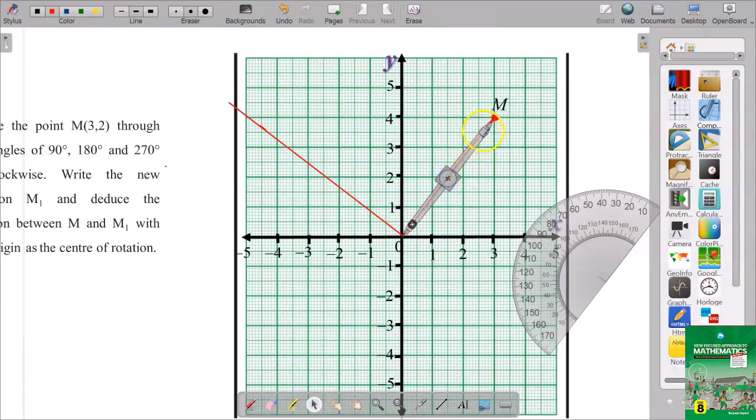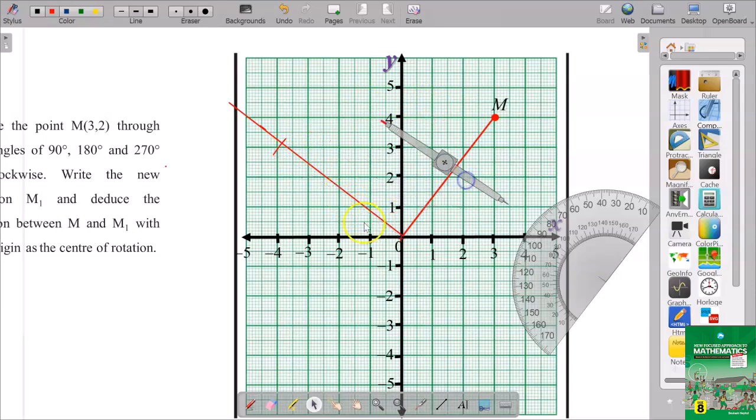Then we will rotate it until we get to this point, probably, and draw a line there.